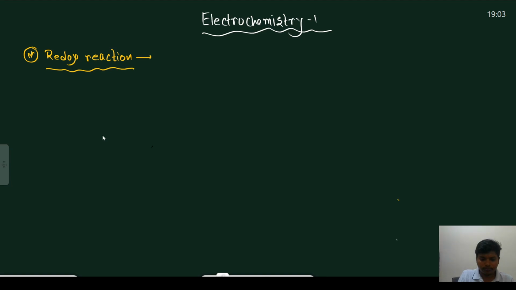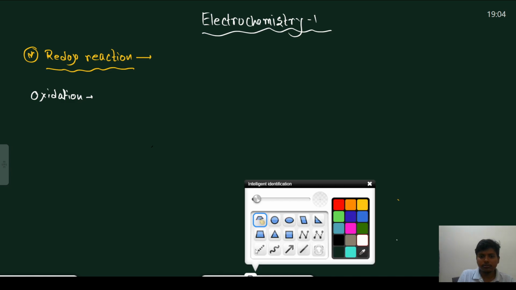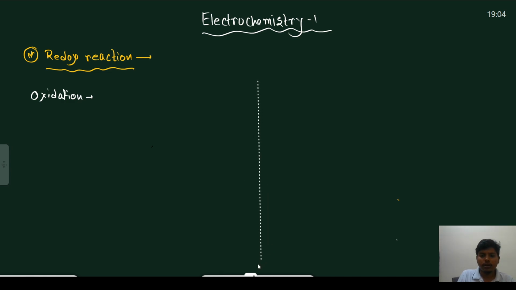A reaction in which both reduction and oxidation take place. Okay, what is oxidation? Gain of oxygen, or loss of electrons, or loss of hydrogen. So oxidation means gain of oxygen or loss of hydrogen.